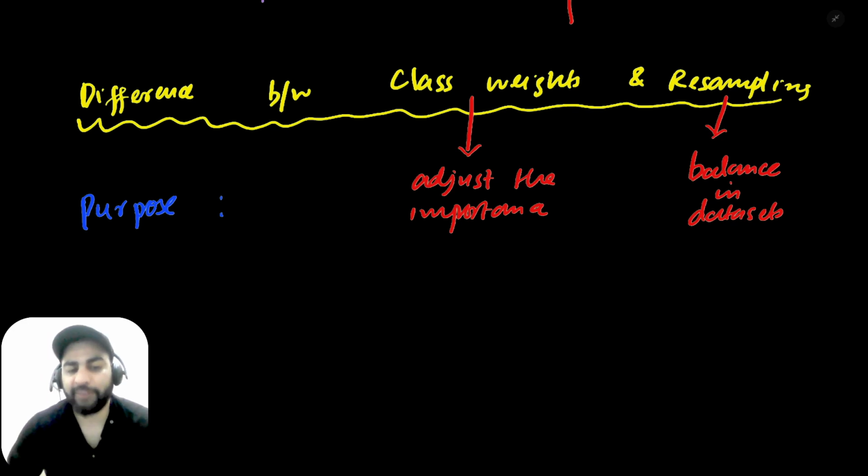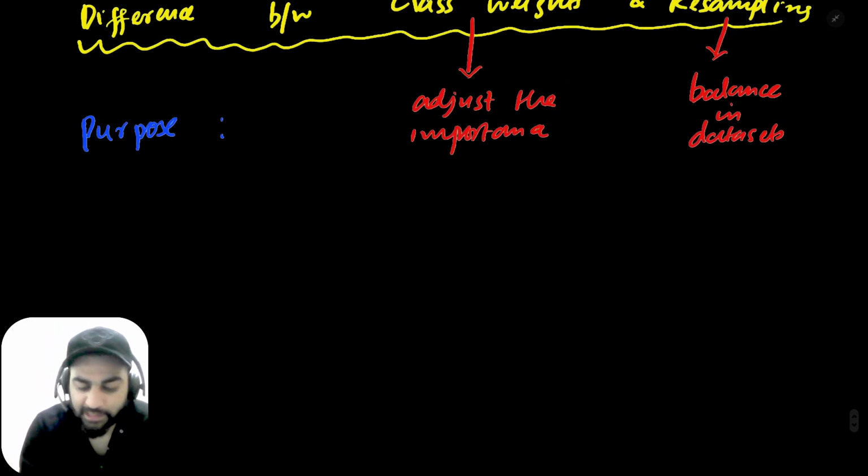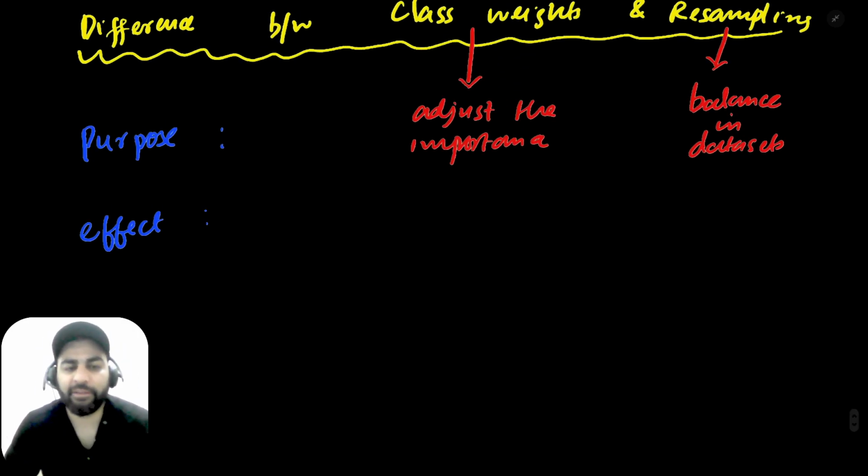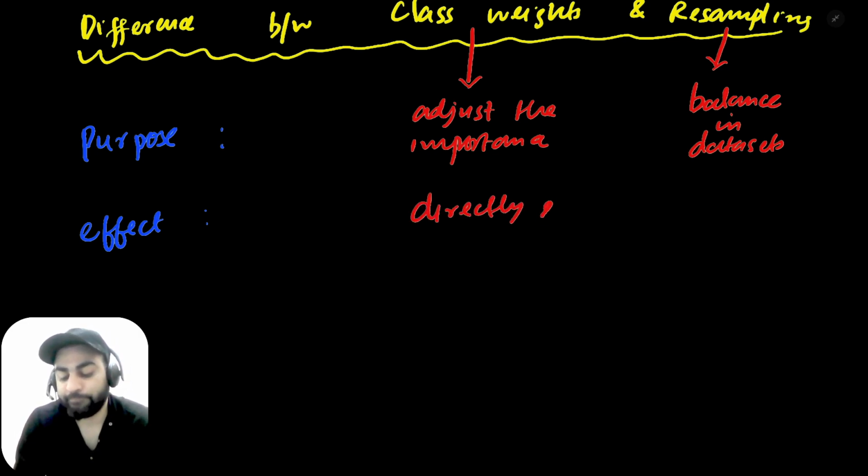Okay. What is the effect? How does it affect the model? In class weights, the effect is that it directly influences the model. Why?